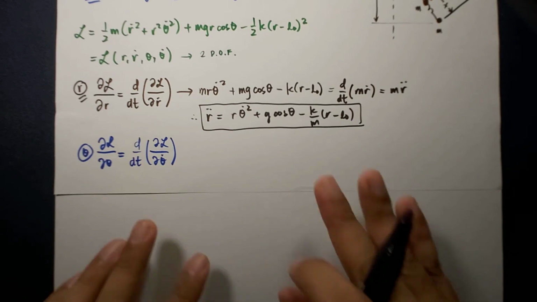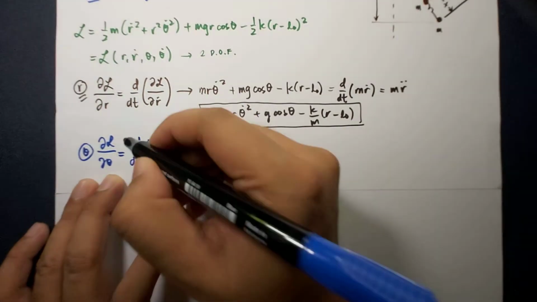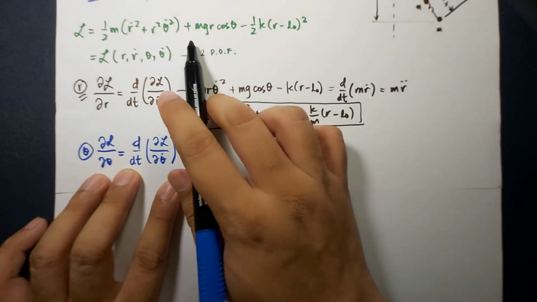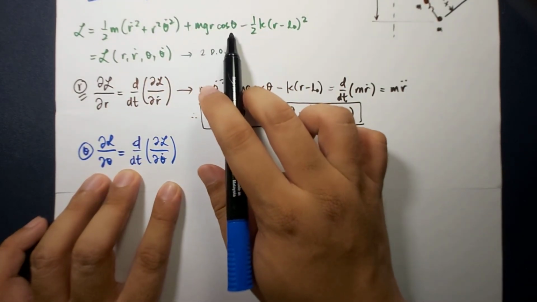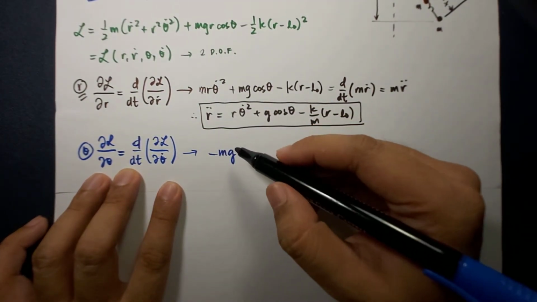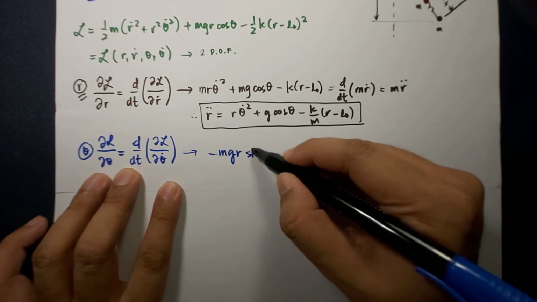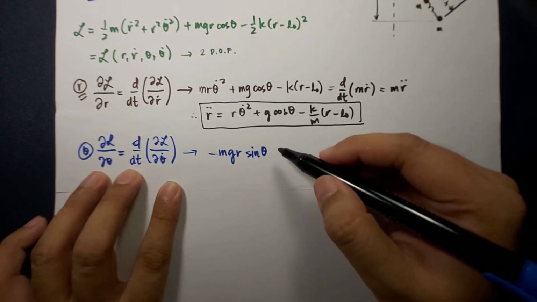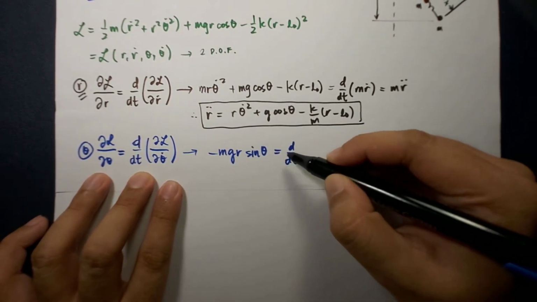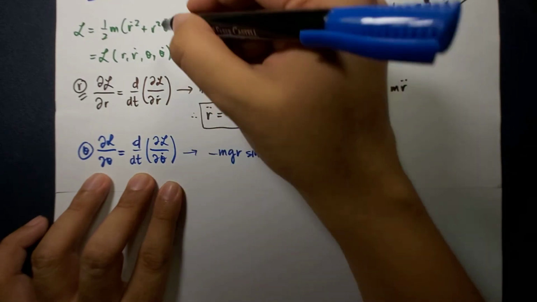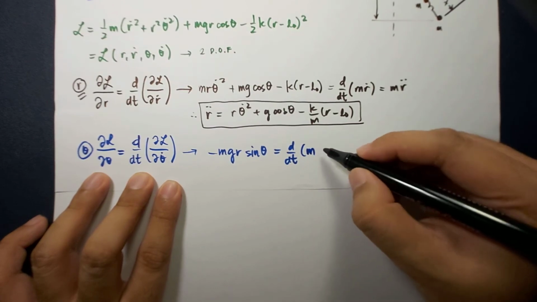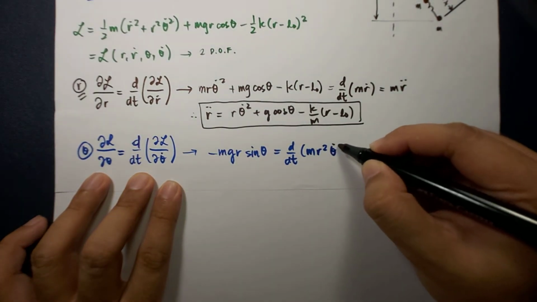Okay, now let's do this. So we differentiate this with respect to theta. So this is negative mg r sine theta, right? So this is now equal to the total derivative with respect to time of the partial derivative with respect to theta dot, this one. Okay, so this is m r squared theta dot.